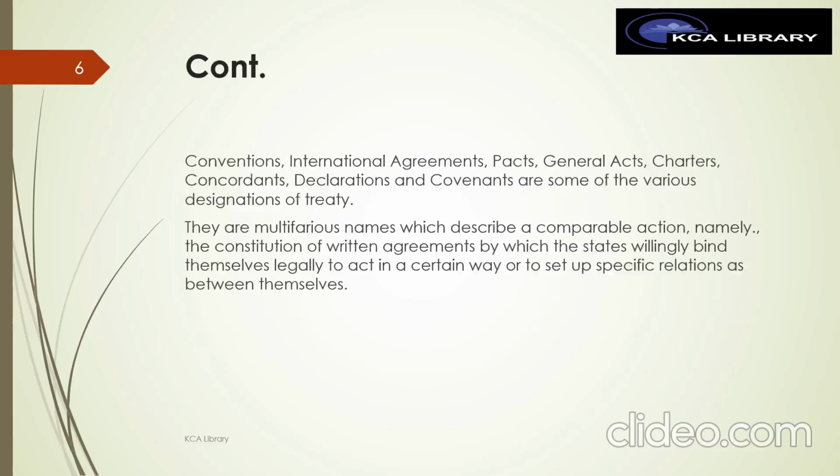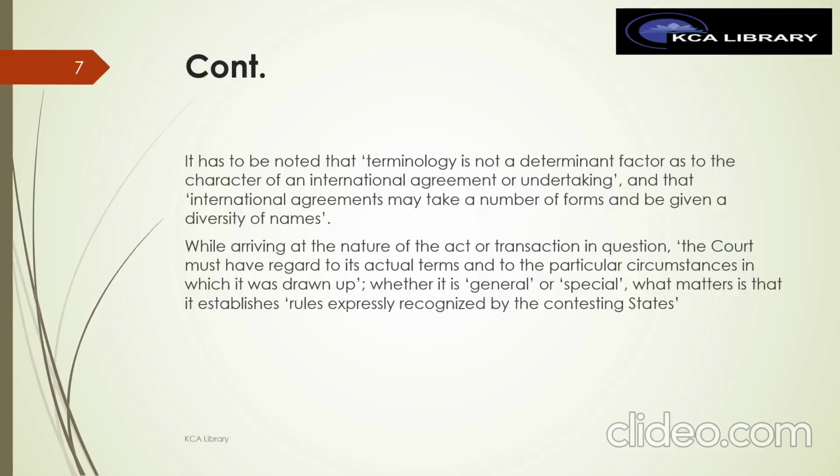Conventions, international agreements, pacts, general acts, charters, declarations, and covenants are some of the various designations of treaty. So there are multifarious names which describe a comparable action, namely the constitution of written agreements by which the states willingly bind themselves legally to act in a certain way or set up a specific relation as between themselves.